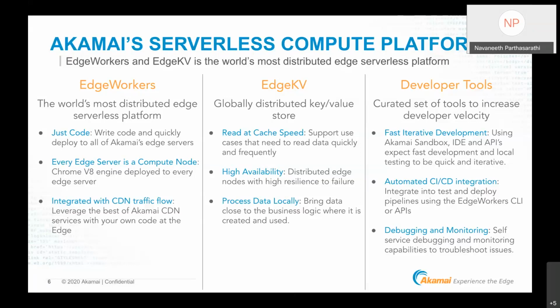You can read at cache speed and support use cases that need data which is read frequently. It can bring data close to the business logic instead of fetching the data from elsewhere.